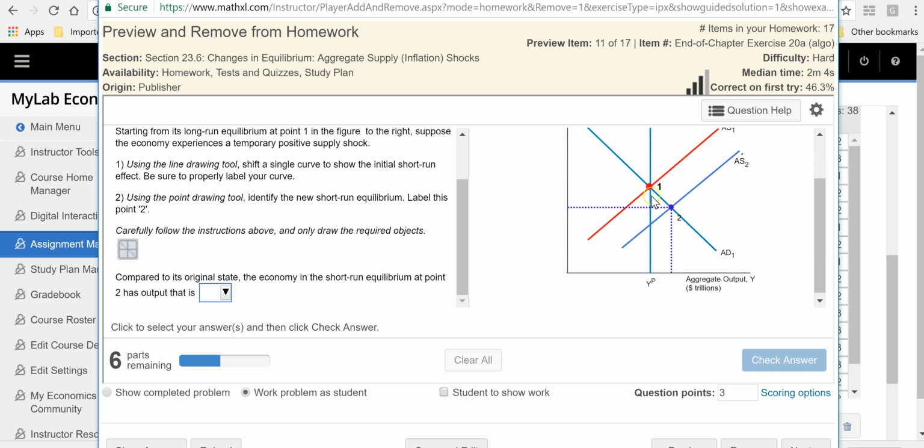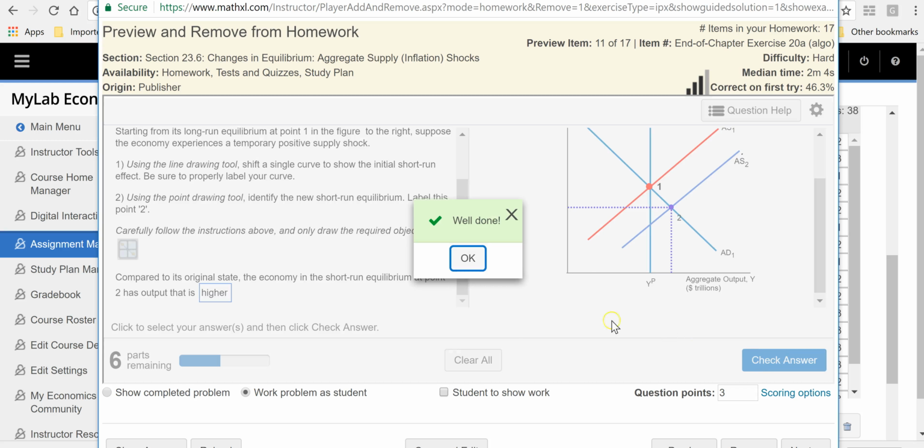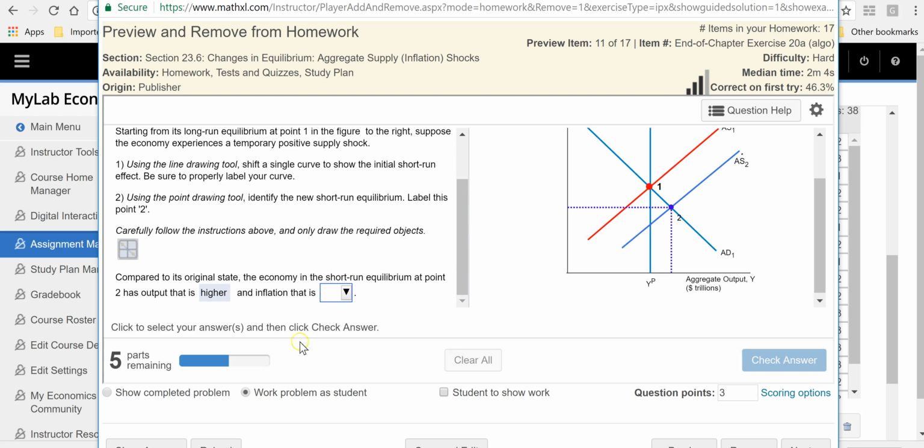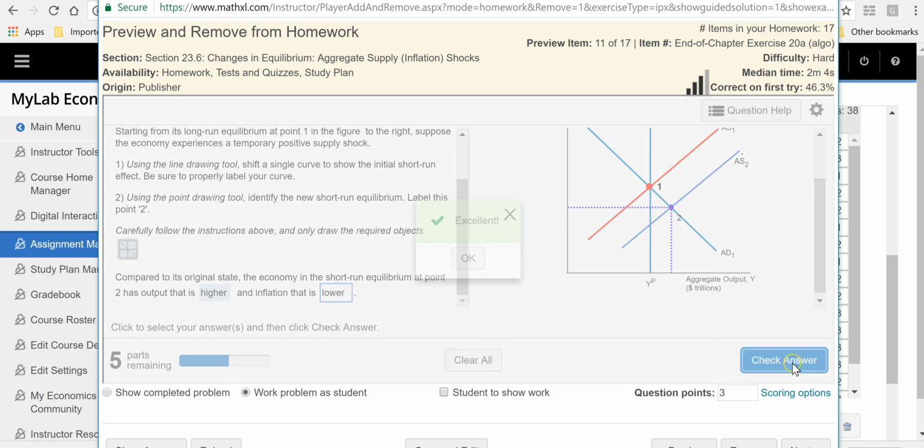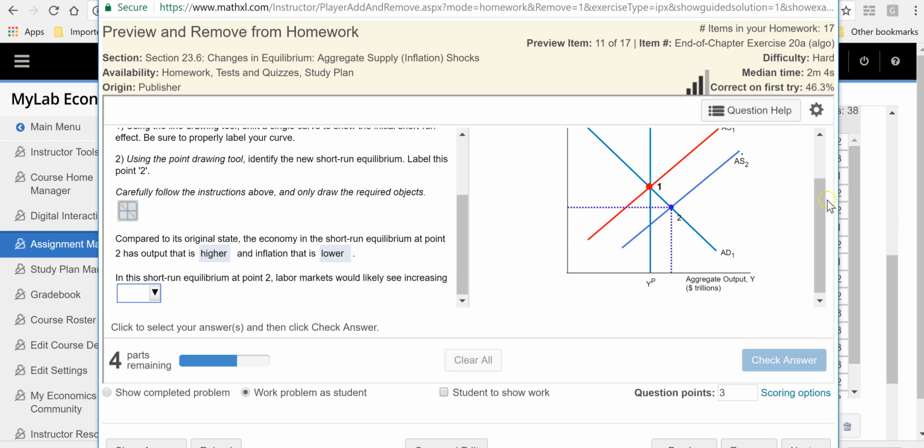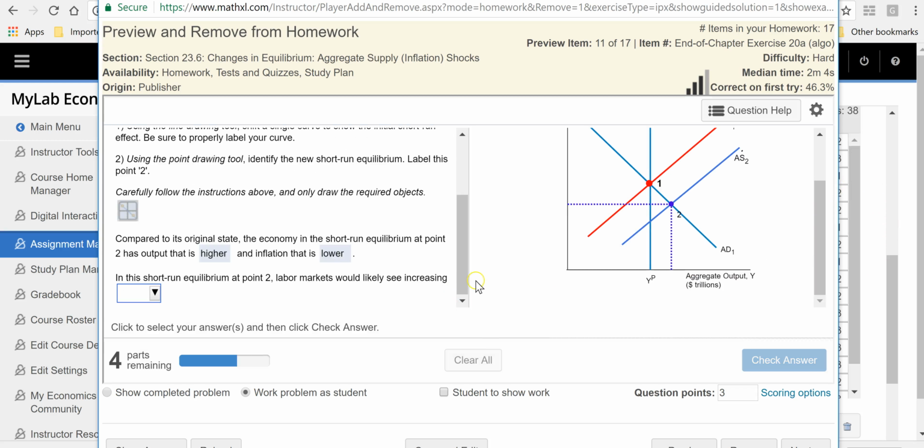So compared with the original state, point 1, point 2 has a higher output, right? That's very obvious. So check answer, go on. And the inflation, that's lower, right? That's lower. So that's what a positive supply shock does. It increases the output. At the same time, it decreases the inflation.